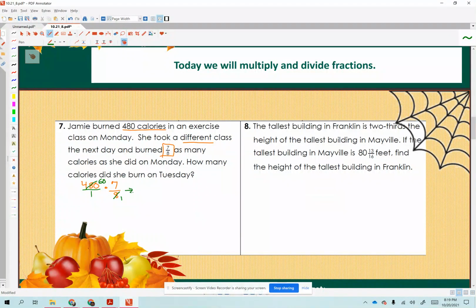So let's rewrite this problem as 60/1 times 7/1, which 60 times 7 is 420, and over 1, which equals 420. Now let's review what this problem is asking us. They're asking us how many calories did she burn on Tuesday. On Tuesday, she burned 420 calories.